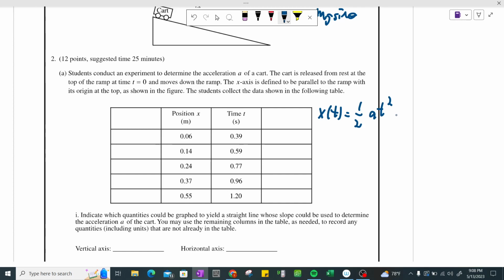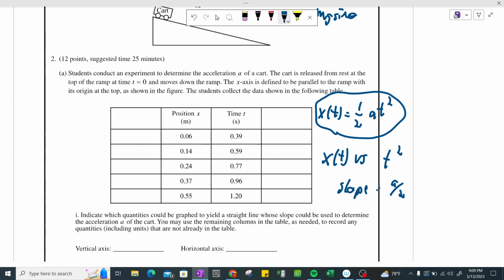It says it started at rest, so we can ignore that. And our initial displacement is 0, so we can ignore that as well. So really, this is what our formula comes down to: x of t is 1/2 a t squared. And once we see this, we could then graph x of t versus t squared, because that means our slope should be equal to a over 2.